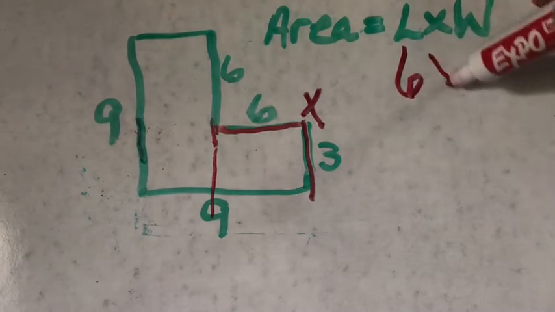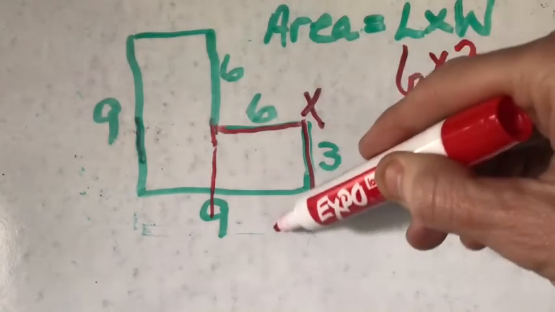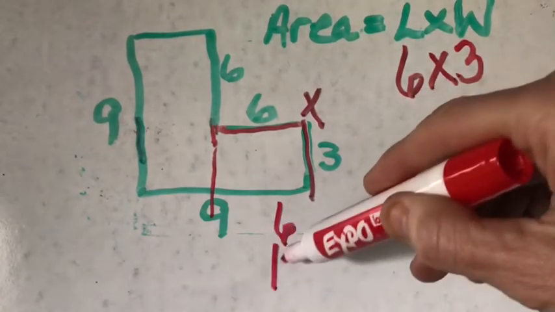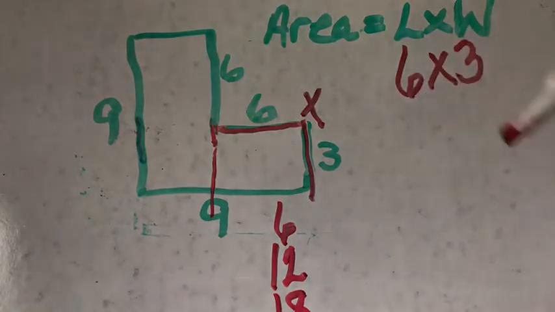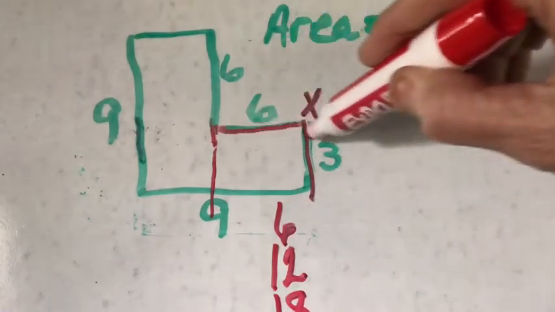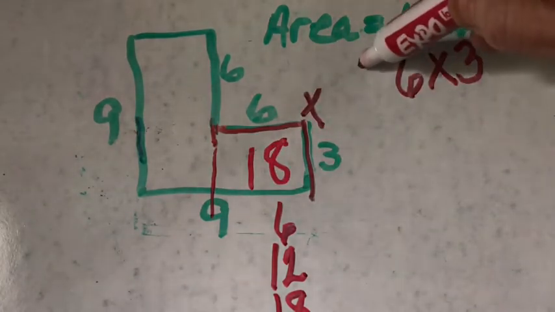If I count by 6s, 6 plus 6 is 12, plus 6 is 18. So the area of this whole inside here is 18.